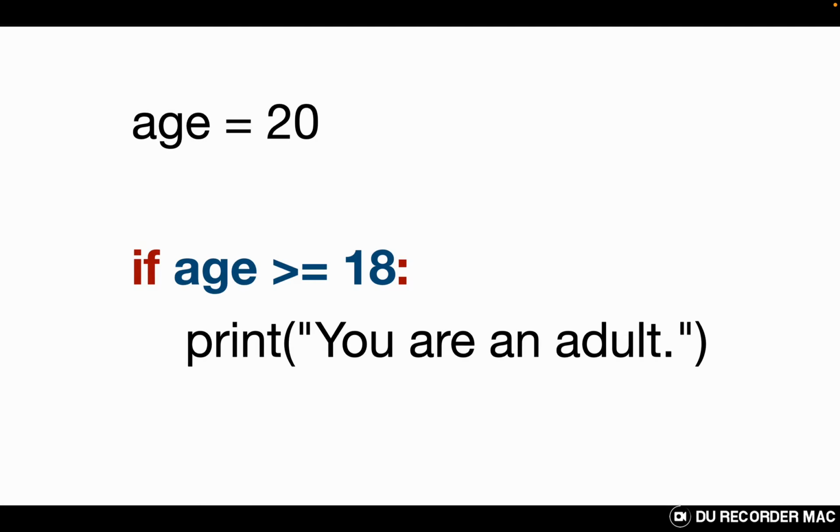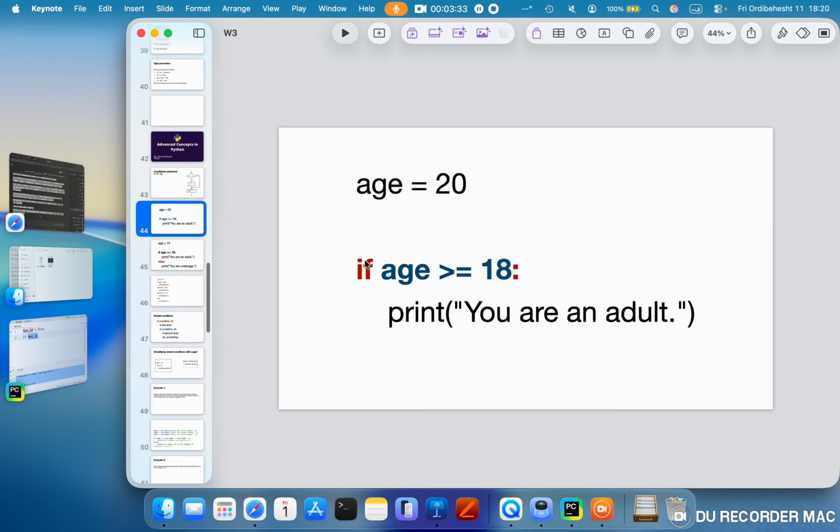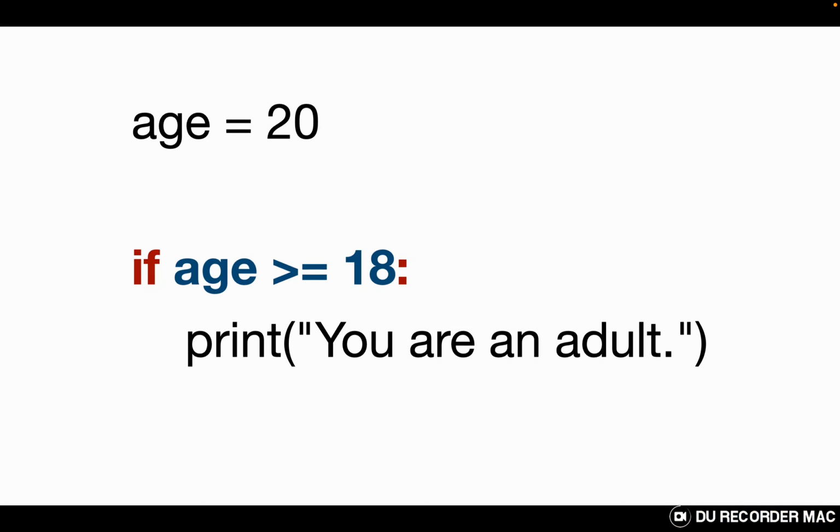In Python, an if statement is used to make decisions in our program. At the heart of every if statement is something called a condition. Here, age greater than or equal to 18 is the condition. So, what is a condition? A condition is simply an expression that Python can evaluate as either true or false, so it has a Boolean value.